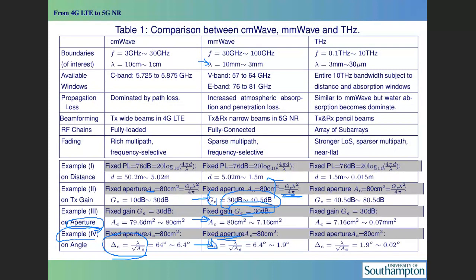This also means that the manufacture of antennas in millimeter wave is more difficult.